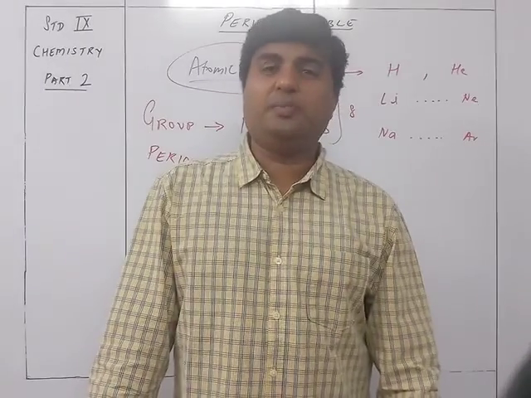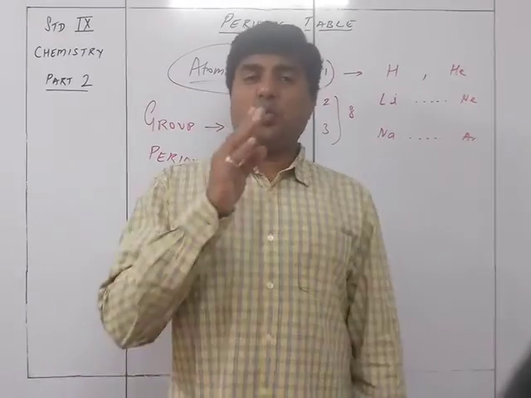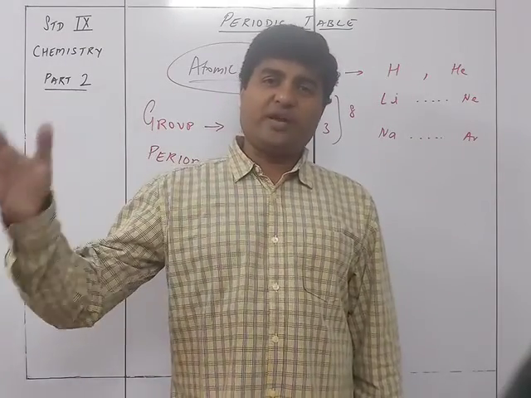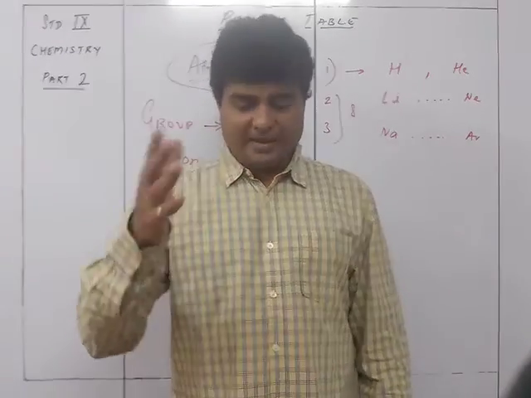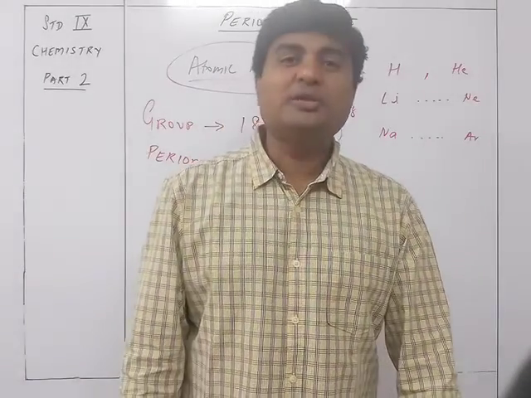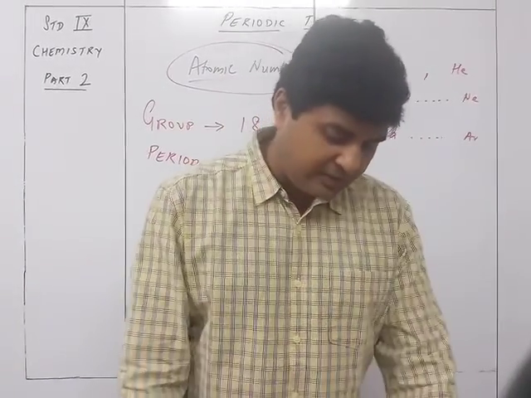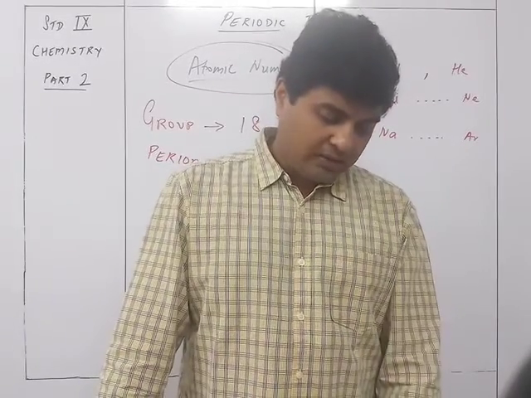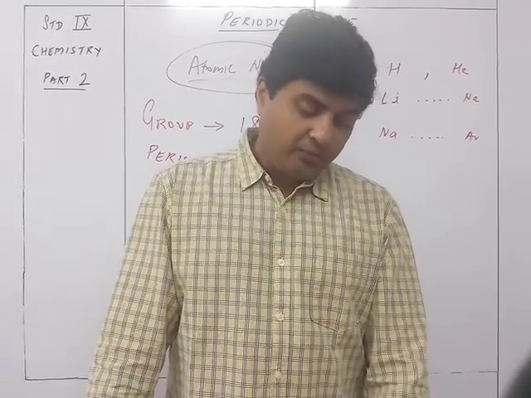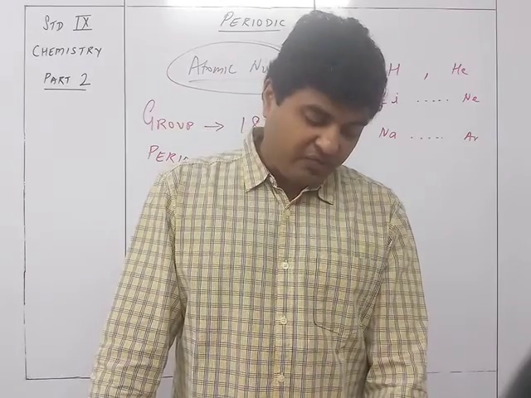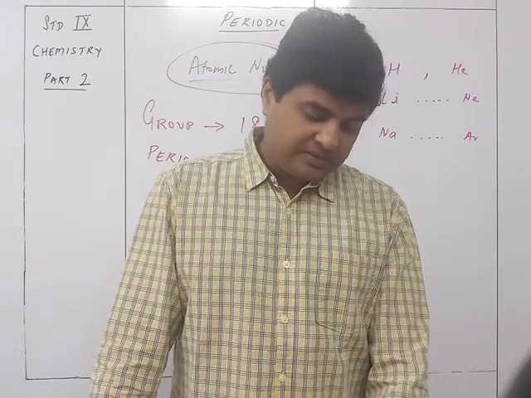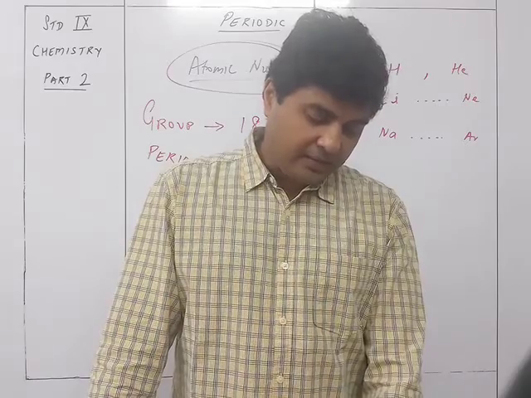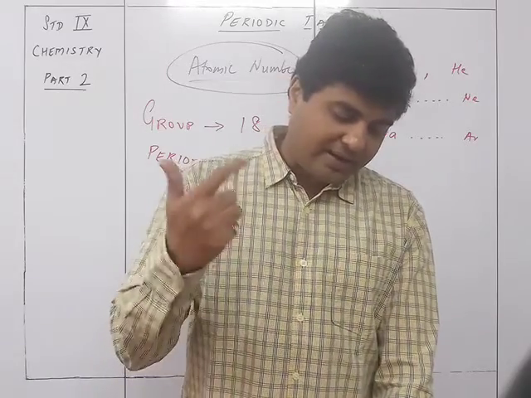numbering of the periodic table, it was given as 1A, 2A, 3A, 4A, 5A, and then B was added, C was added, so 2B, 3B. So that is going to tell you. So if you see the periodic table, 1A is 1, 2A is 2, 3B is 3, 4B is 4, 5B is 5, 6B is 6, 7B is 7, and the 8 group has got 8, 9, 10.